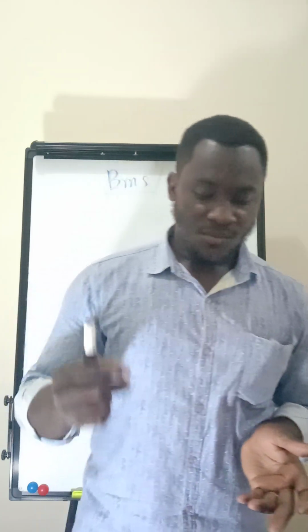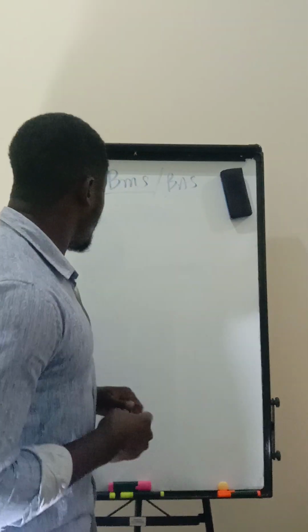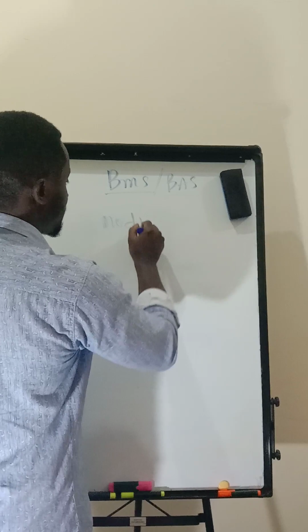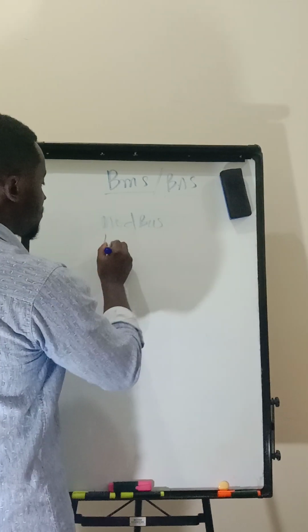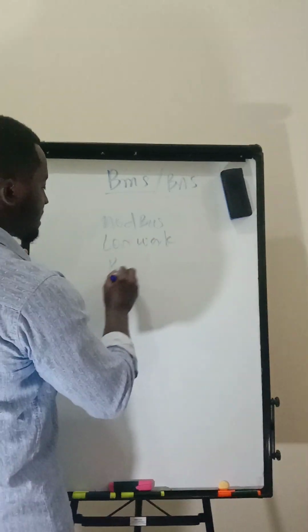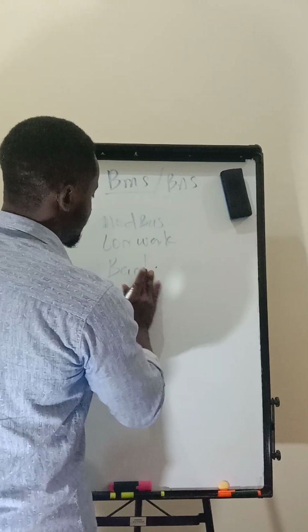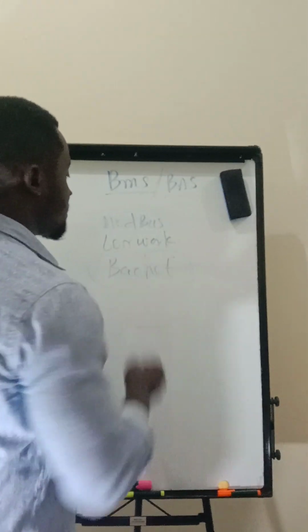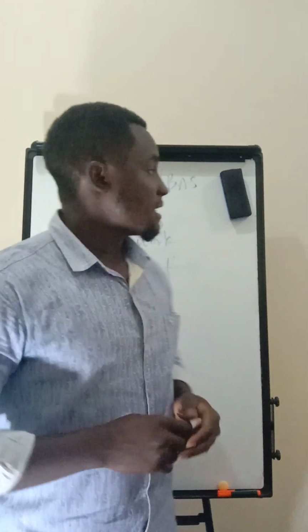We also have the different protocols for the BMS system. We have communication protocols such as Modbus, LonWorks, and BACnet. BACnet is the one which is mostly used all over the industry.